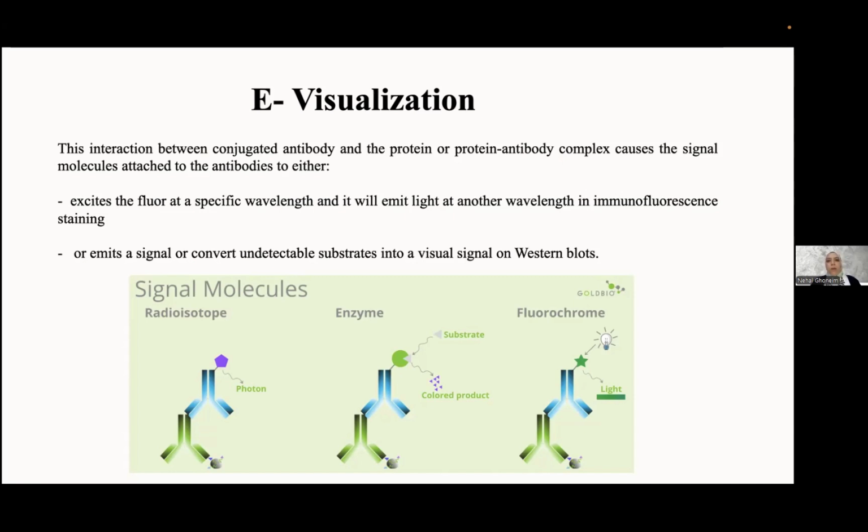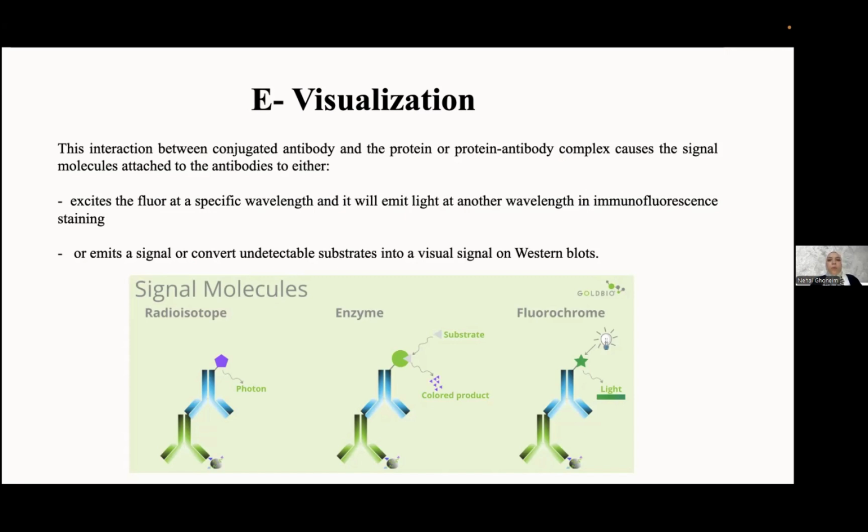The antibodies are usually diluted in 1% antibody dilution buffer that contains bovine serum albumin, for example, or normal serum.